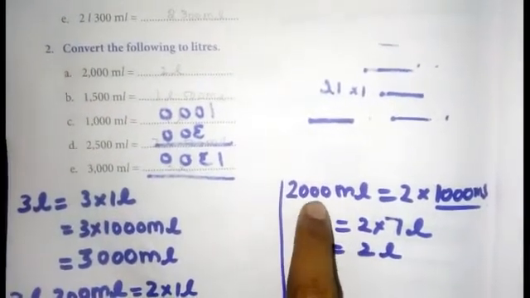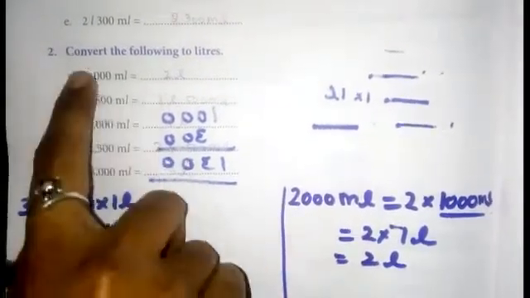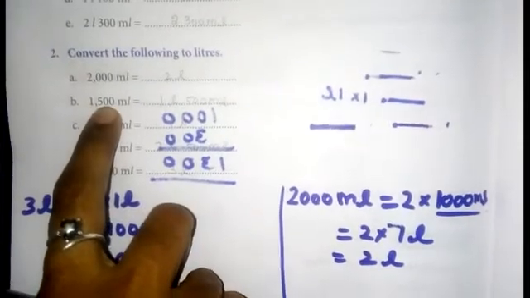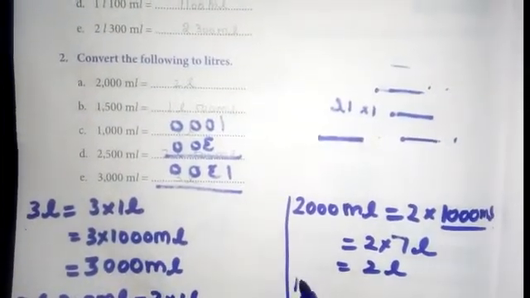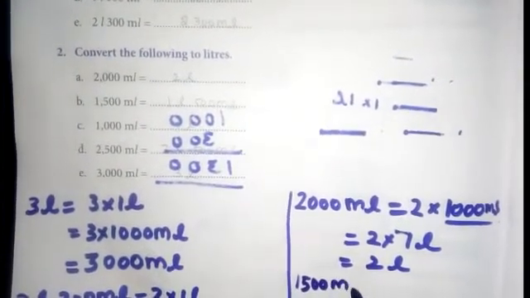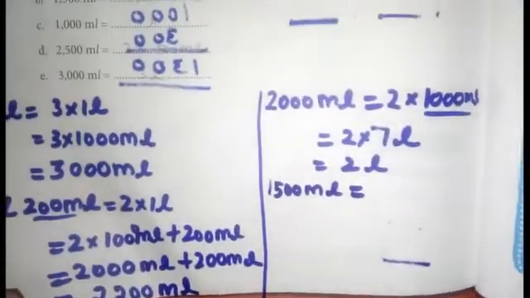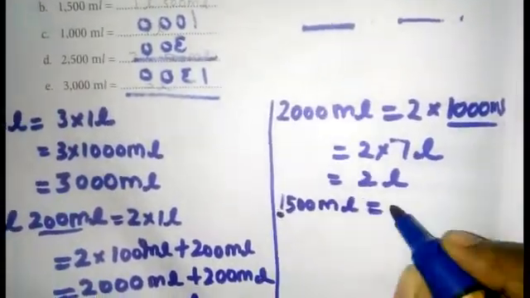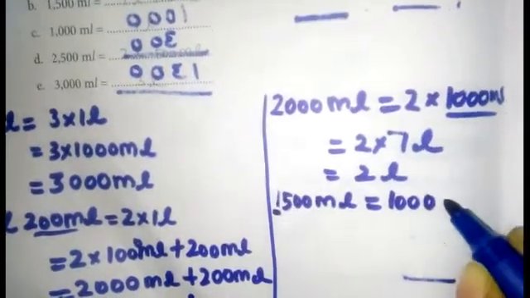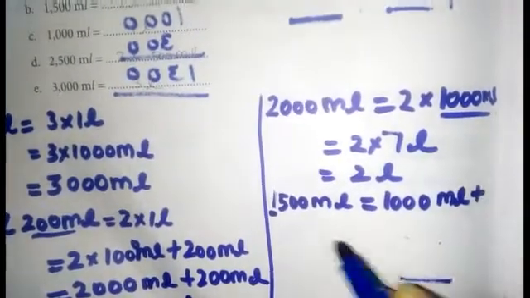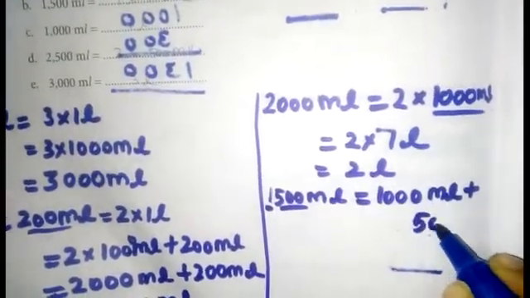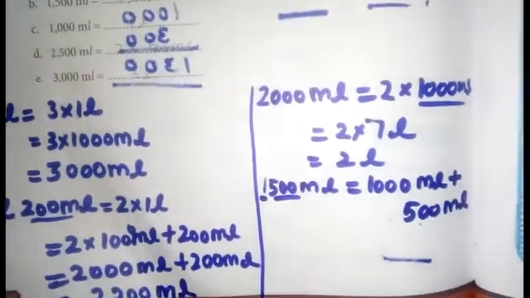Okay. If it is given liter and milliliter, see here 1500. Here only 000 like that it's given. But here you see 1500. So 1500 milliliter means what you have to do? First what you have to do? First this 1000 you have to separate. 1000 milliliter, then plus this 500 milliliter. Okay.